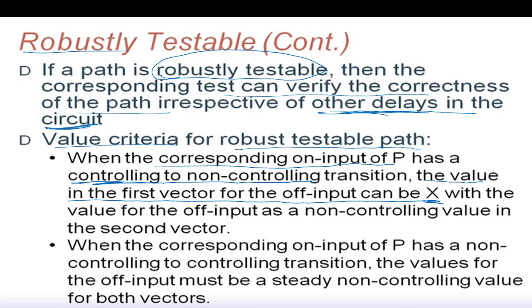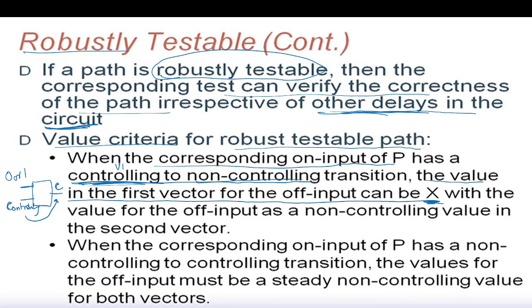See, when we have a controlling value to a gate, this is a gate. If I have a controlling value here, whether it is 0 or 1, the output will be this controlling value only. So the first vector is a controlling vector, so we can have an x.